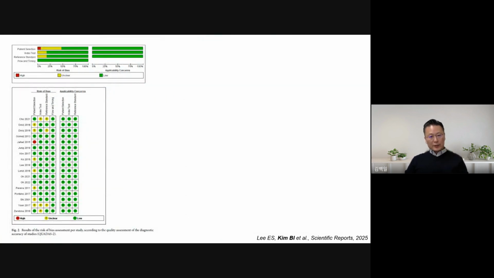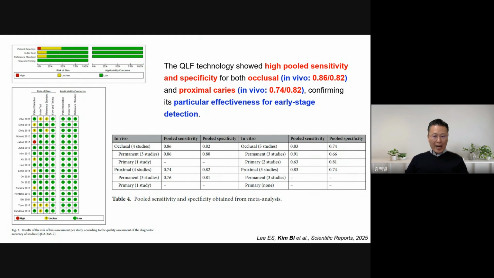Quality assessment of the 17 selected papers revealed that they were excellent papers with a low risk of bias. QLF showed high sensitivity and specificity for both occlusal and proximal caries, and QLF was particularly effective in detecting early caries by this research.